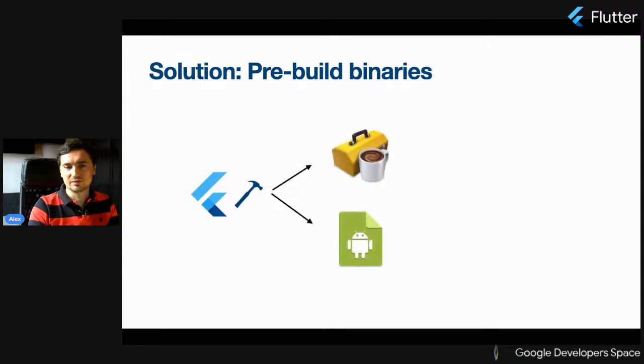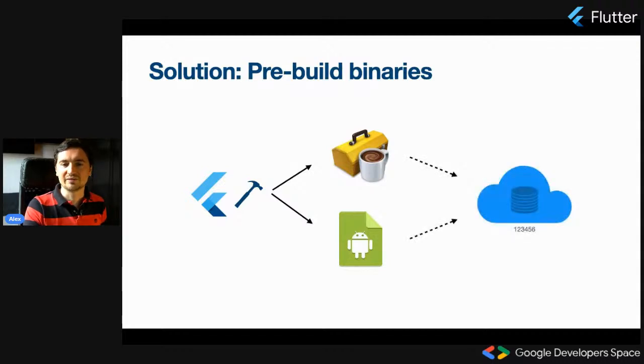So the output is frameworks or modules for iOS and Android. What we do for our mobile engineers that don't work with Flutter, we take these binaries and upload them to the binary storage. And for each of the builds, we assign a build number, in this case, like 1, 2, 3, 4, 5.